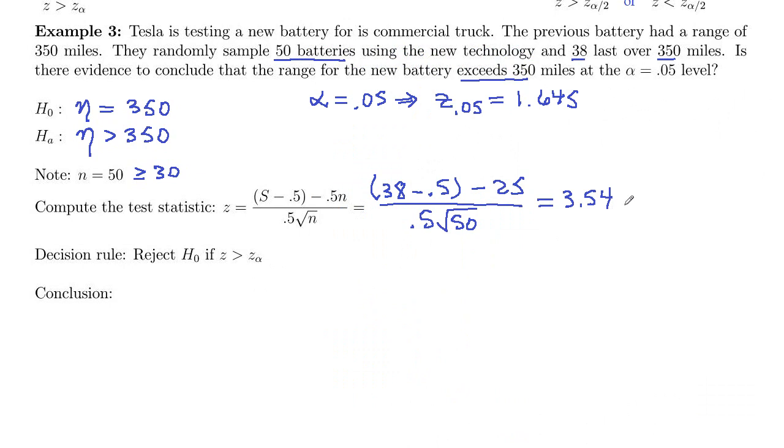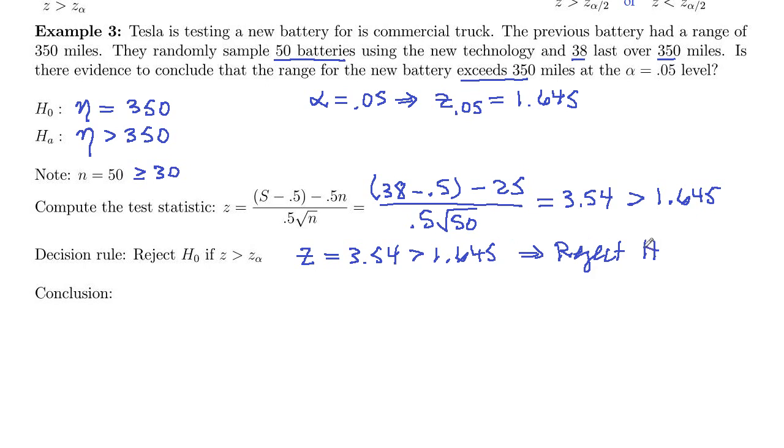So this 3.54 is greater than 1.645. So our test statistic, z equals 3.54, is greater than 1.645. So that tells us that we are going to reject H0.